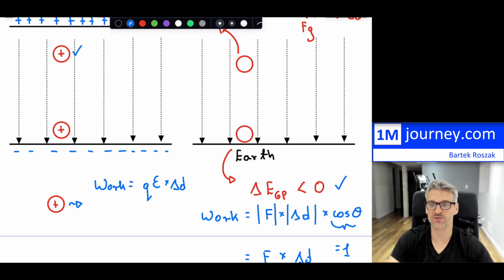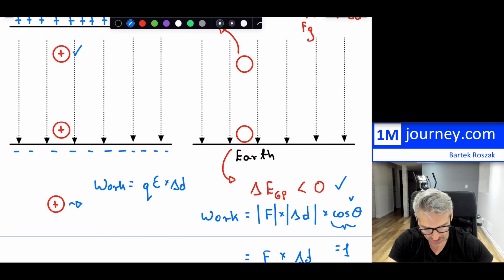And again, let's just assume that it is with respect to just scalar values, so magnitudes, instead of worrying about the vectors themselves. Although you can certainly throw in the vectors if they have different angles. But in this case, we're going in exactly the same direction. So that is the work.